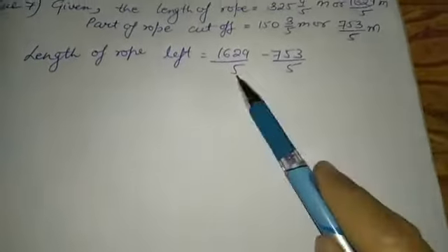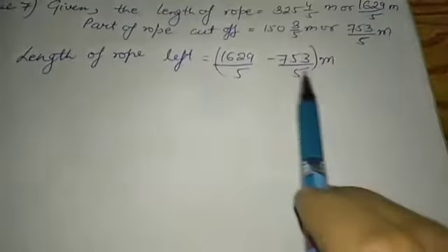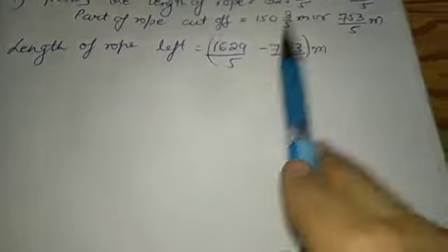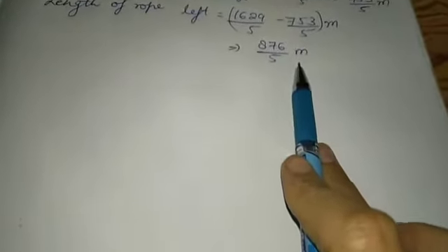We will subtract these two, we will get the length of the rope we are left with. Subtract these two, it is very easy. 1629, here the base is common, subtract these two, you will get 876 by 5 is the length of the rope you are left with.